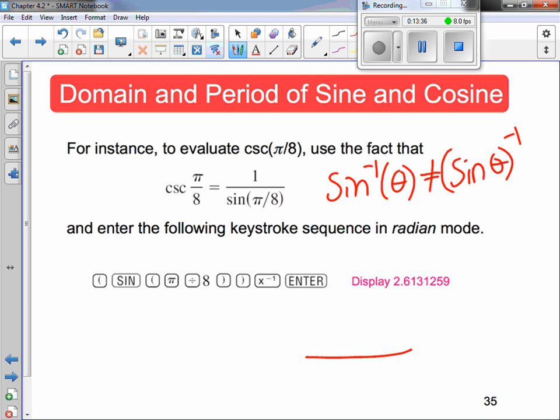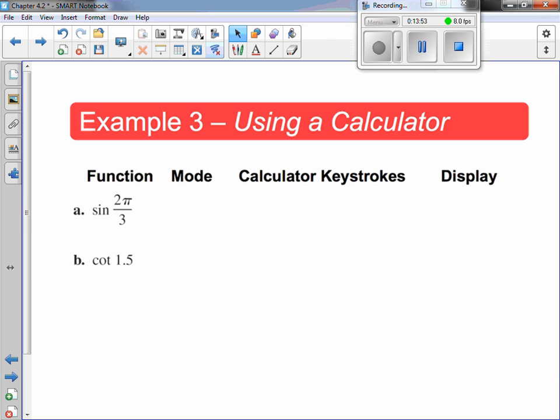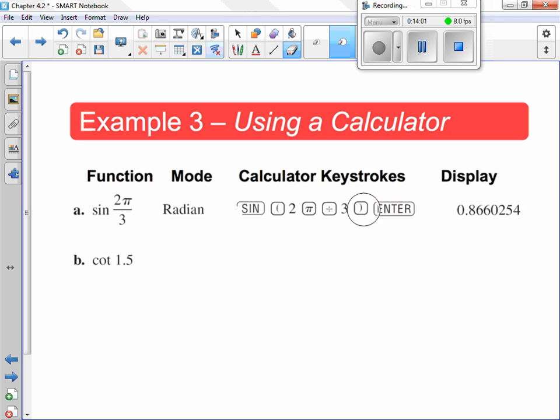Now it works out pi over 8, if you look on the unit circle, isn't one of our numbers. Pi over 8 is not one of them, so it's not going to give us a nice number. 2.6131259. Well, sine of 2 pi over 3, we can just type it in.